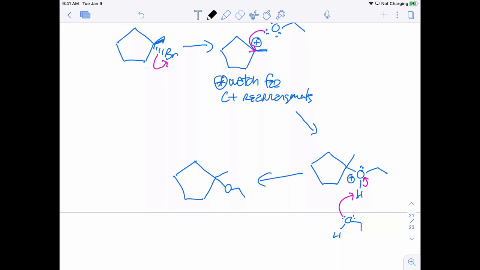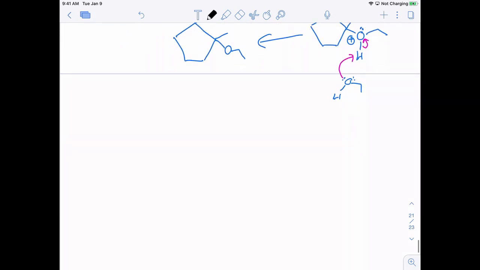Another example for us. So I have a cyclohexane, and then we'll put a chlorine on there. And then this nucleophile.